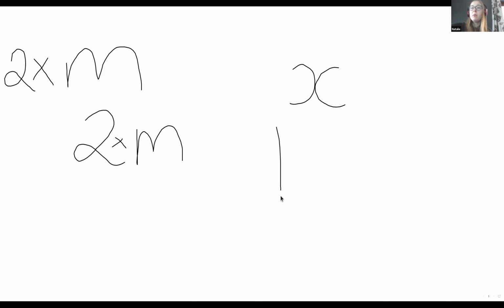But we don't write 1x because, again, we're too lazy to write that. So we just write x, but x is the same as just having 1x. And finally, if we have a number on its own, like 5, that means it's positive, but we don't write +5. We just assume that it's positive.